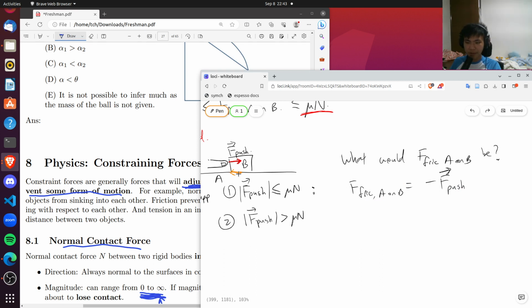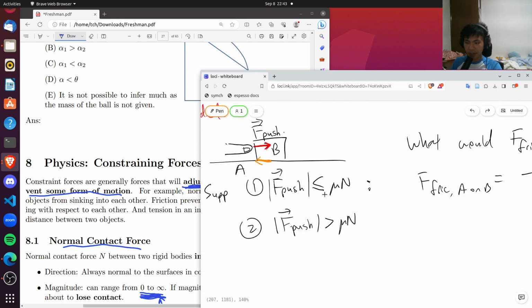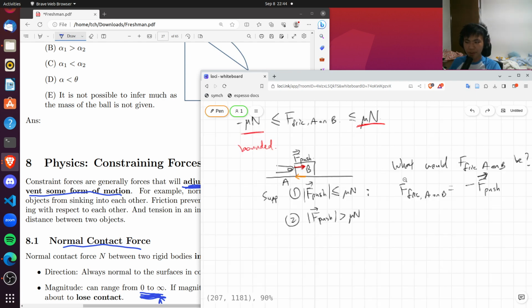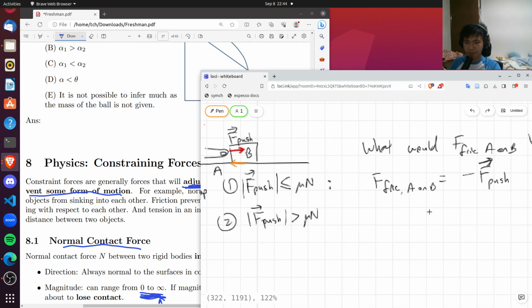But in general, if F push is strictly less than mu n, let's say a very small amount, then the frictional force would also be very small. So whatever the pushing force applied, in case one where the pushing force is not too much, the frictional force will adjust its value to equal the pushing force.